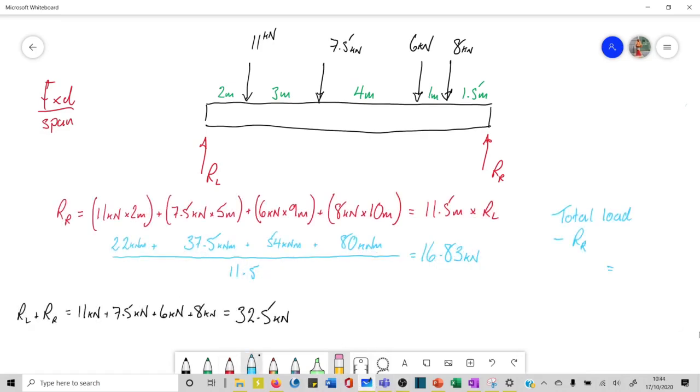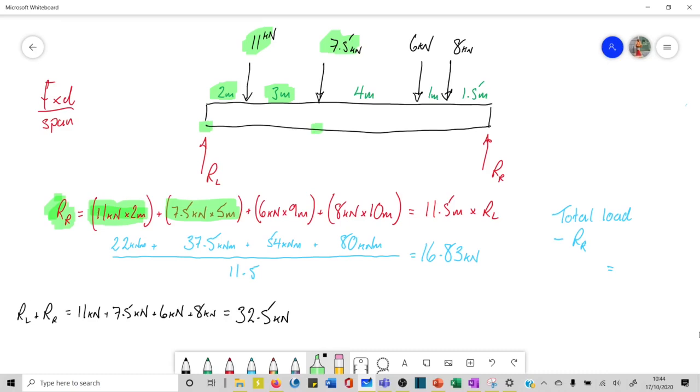Okay, so how did you do? Looking at the example here, we're looking at the right reaction. So we've got the force times distance, 11 times 2. Then we've got 7.5 times 5, because the distance from here to here is 5 meters.